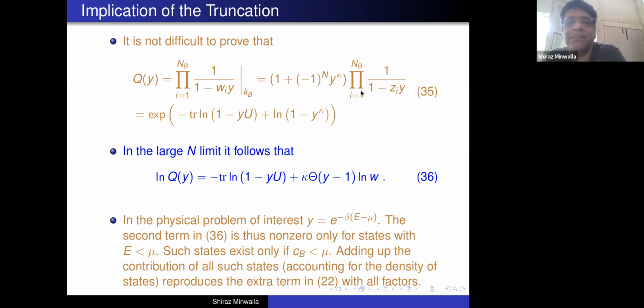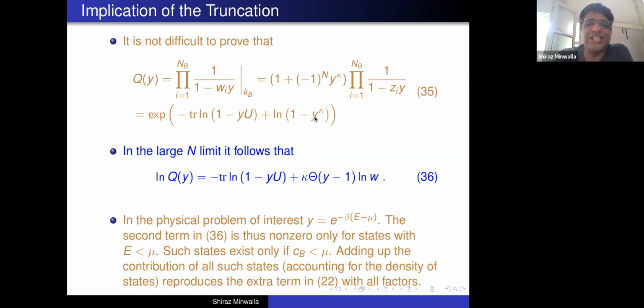A theta function comes about because you can enforce the truncation by looking at an untruncated denominator and then multiplying by a factor that would kill the extra terms. So the additional thing that you get is a log of the usual kind of bosonic form, plus an additional log that, this should have had a -1 to the power, plus an additional log that accounts for this compensating factor that enforces the truncation.